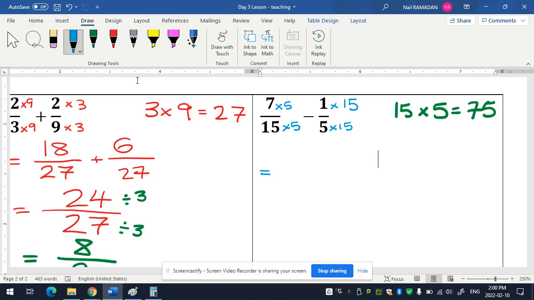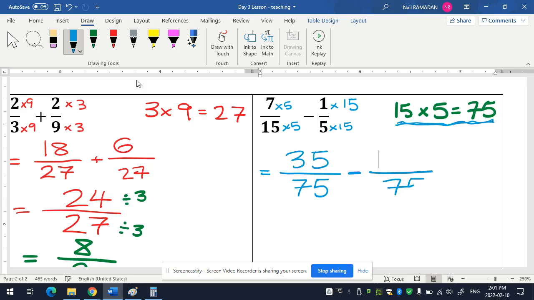So our new fractions are this, and again, everyone, it's different now. It's a minus. All right. 15 and 5, we already have it. We built it up. 75. 7 times 5 is 35. 7 times 5 is 35. 1 times 15, well, 1 times any number is the number itself.